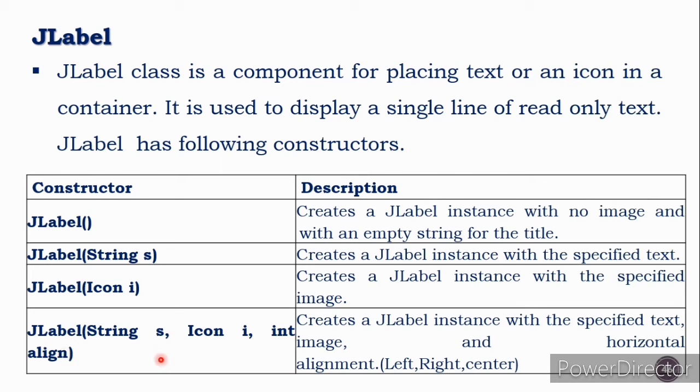It means it will create a JLabel with the specified text and specified image with the alignment, whether we need to place that in the left side, right side or center. Along with the alignment it will take the text and the image as arguments.